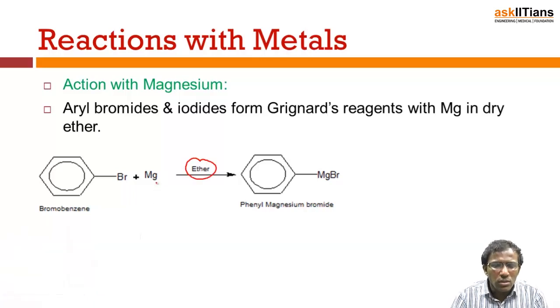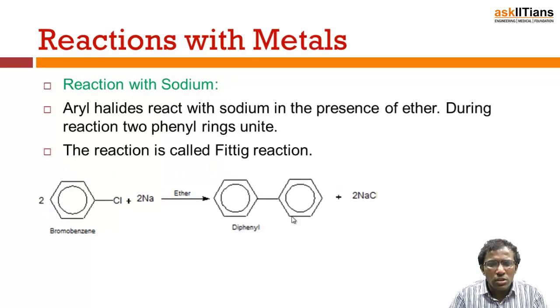In dry ether, magnesium reacts with bromobenzene and forms phenyl magnesium bromide, an aryl magnesium halide, which is known as a Grignard reagent, a very famous one. So with magnesium they produce Grignard reagents.